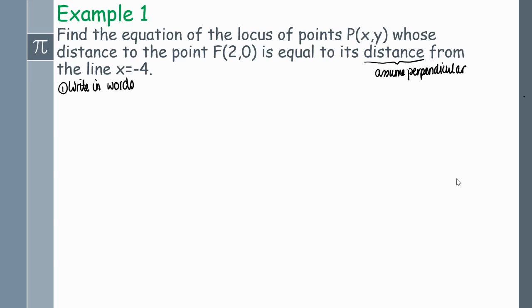Like usual, start by writing this out in words, then in mathematical notation. If you feel confident, you can go straight to the mathematical notation part.